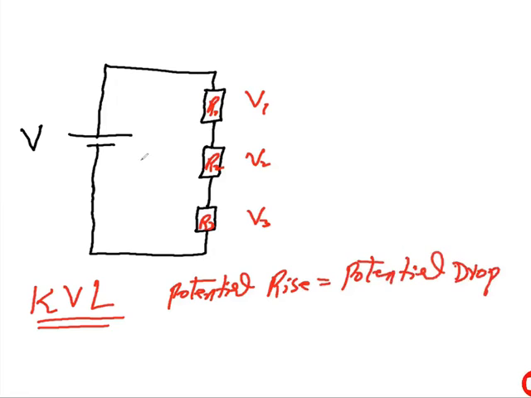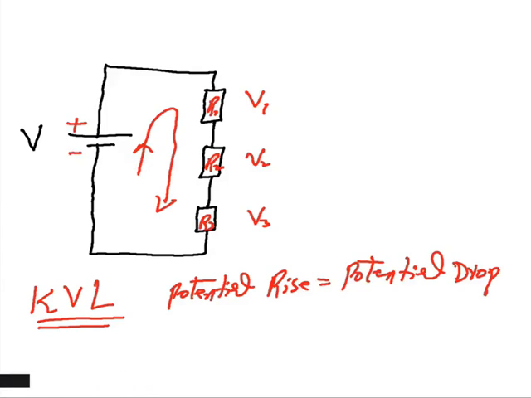So we put a loop like this and I am going to apply the KVL. For KVL, you make a loop like this. If you go like this, there is a potential rise.